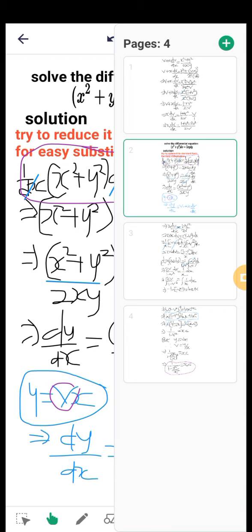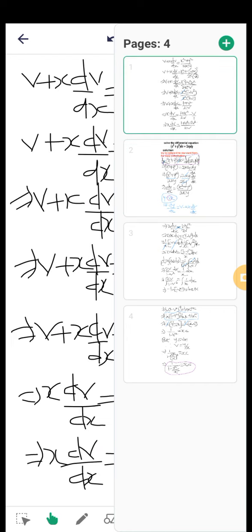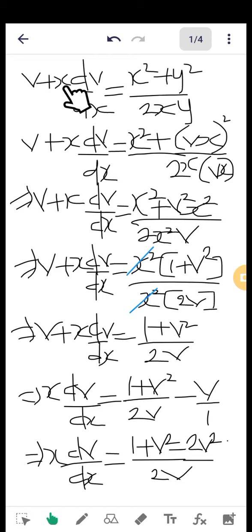So v plus x dv/dx should be equal to (x squared plus y squared) over 2xy. Since y equals vx, wherever I see y, I substitute vx.